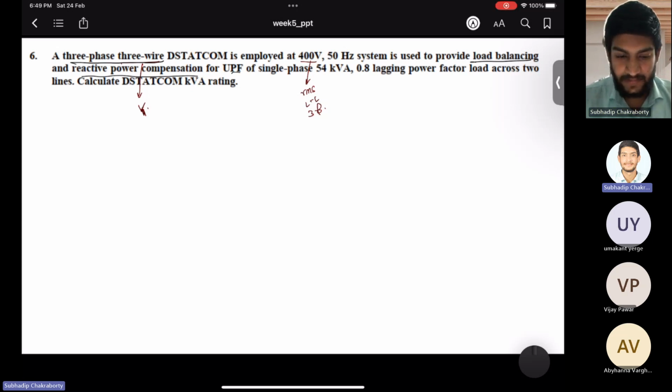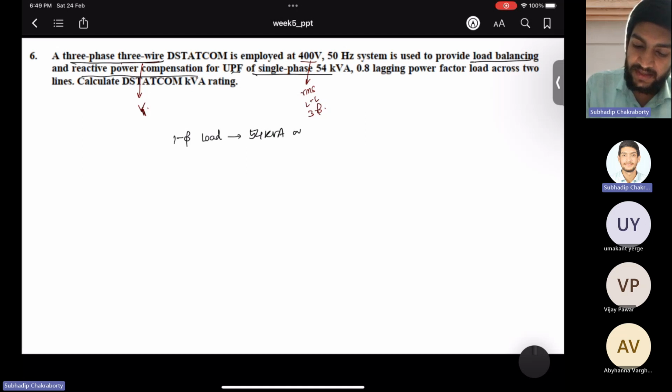This is the single phase load which is connected, and its rating is 54 kVA at 0.8 power factor lag.